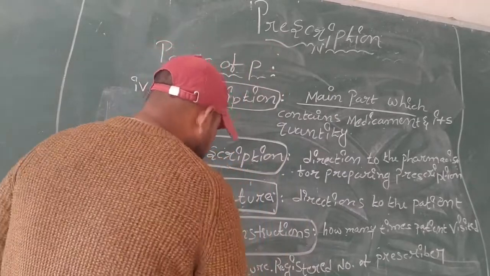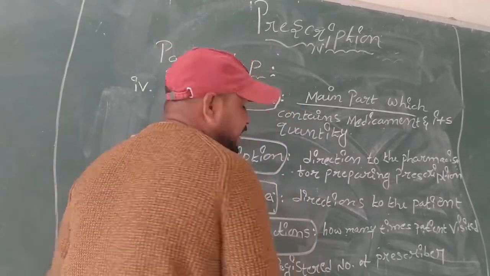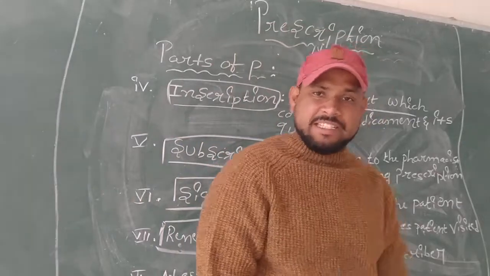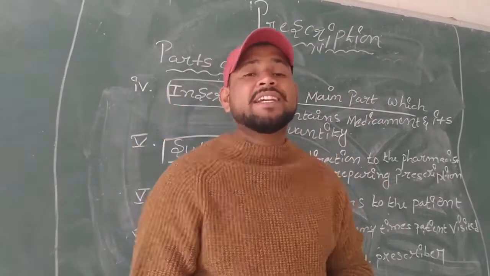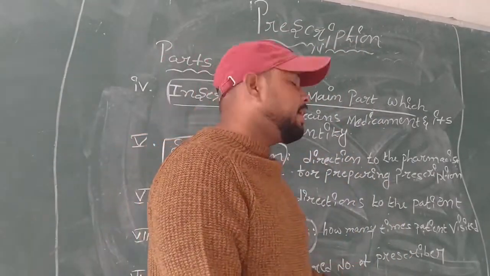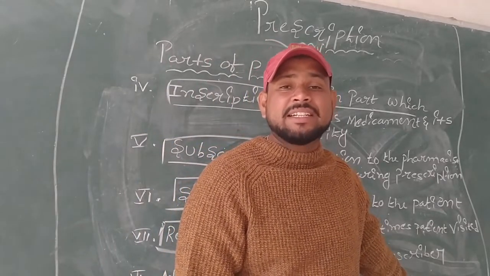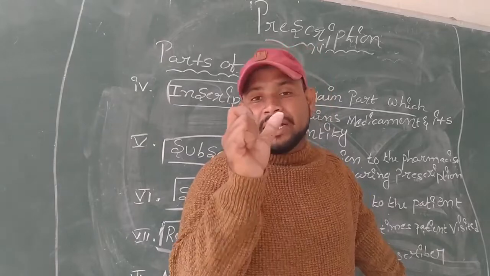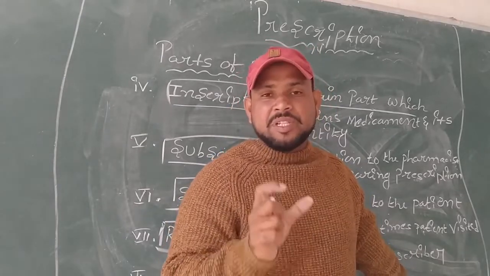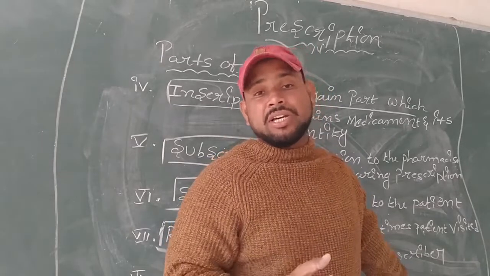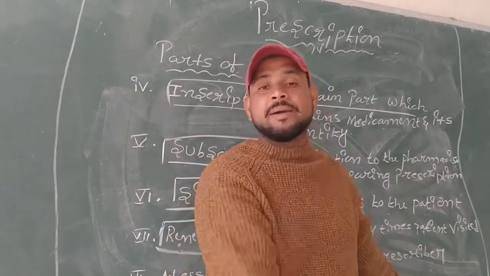And the next one is the address, signature and registered number of the prescriber. The last part of the prescription is the address, signature and registration number of the prescriber. Prescriber means nothing but the doctor. The last part of the prescription will contain the signature of the doctor, the address of the doctor and the registration number of the doctor.